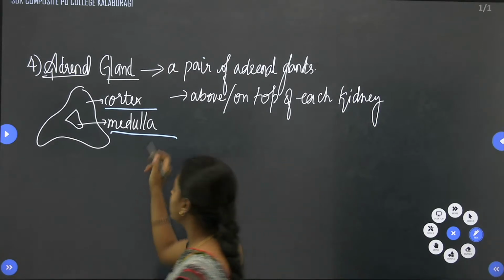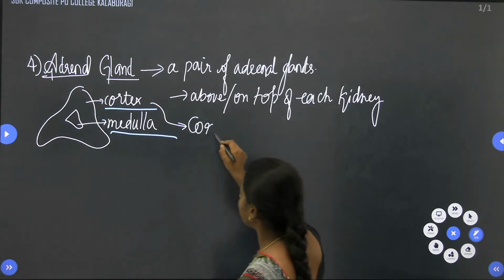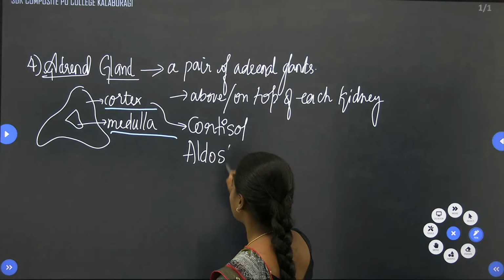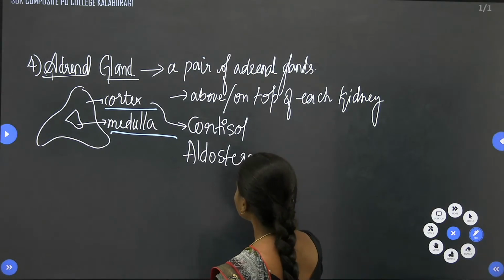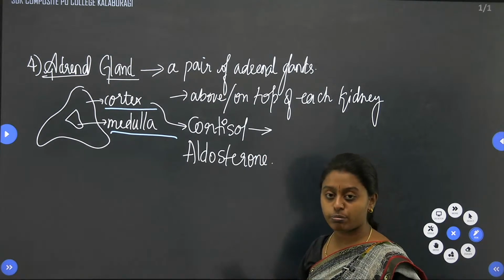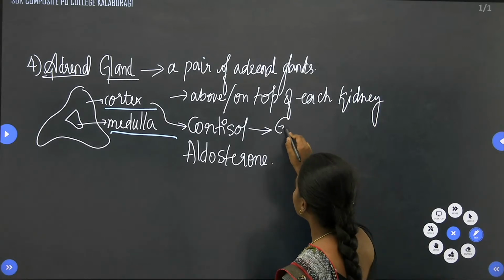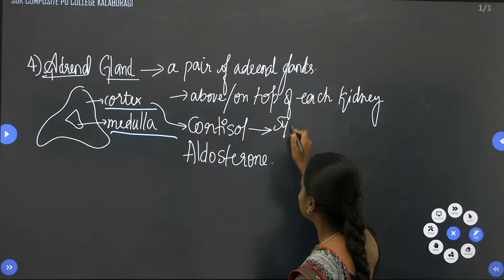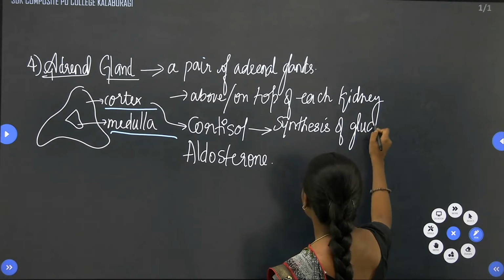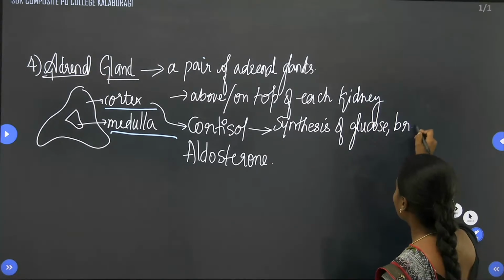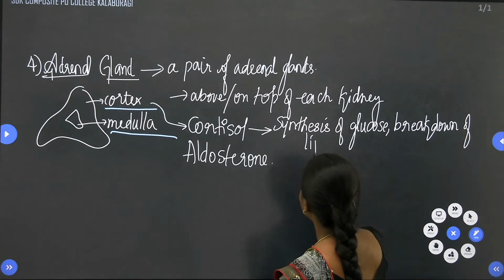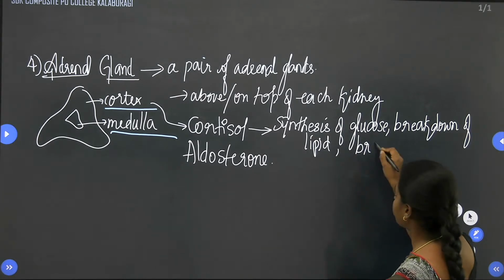The outer region, cortex, secretes different types of hormones like cortisol, aldosterone, etc. Cortisol is responsible for synthesis of glucose, breakdown of lipid, as well as breakdown of proteins.